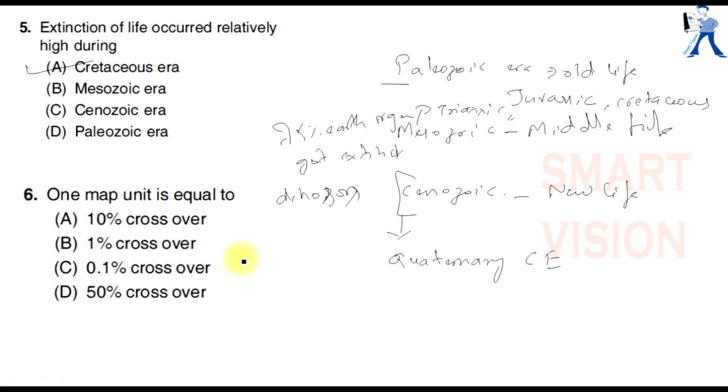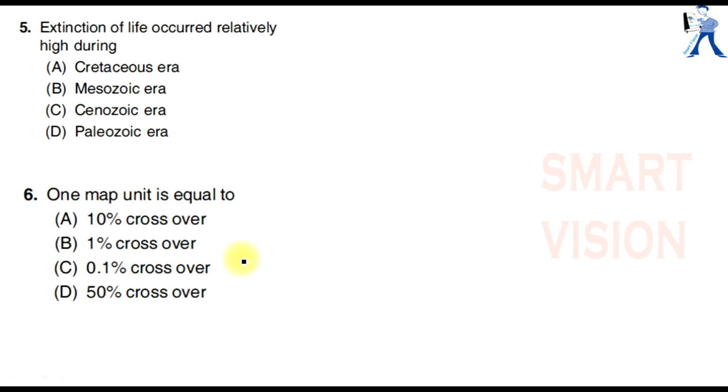Next question: one map unit is equal to obviously 1% of crossover. What is one map unit? It is a completely genetic-based question. We see the map in genetic linkage, the genetic linkage map.